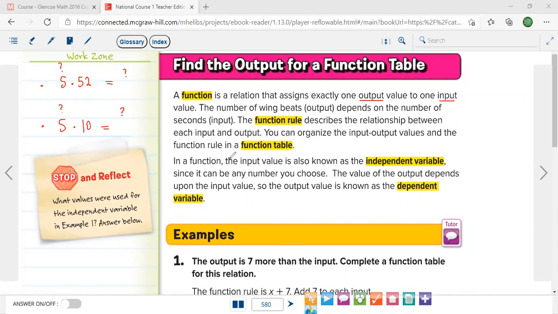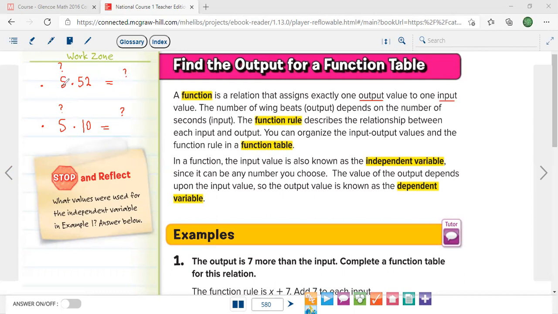In a function, the input value is also known as the independent variable. The input, the number that you want to evaluate, is called the independent variable, since it can be any number you choose. The value of the output depends upon the input. Of course, we need to put here a value to know the result.